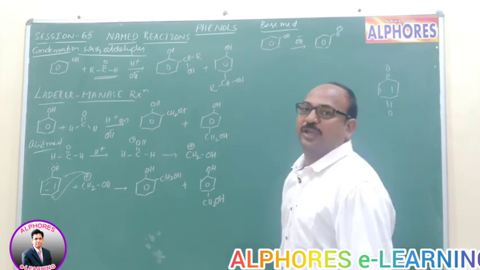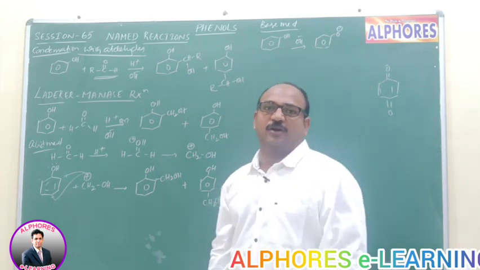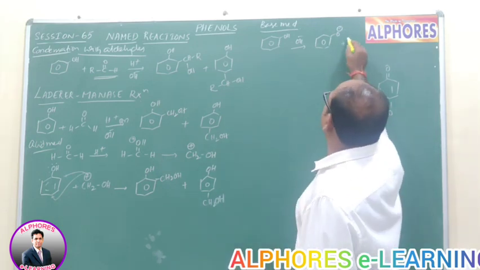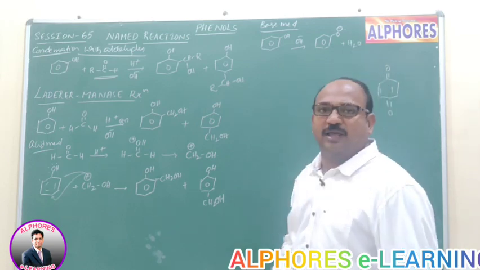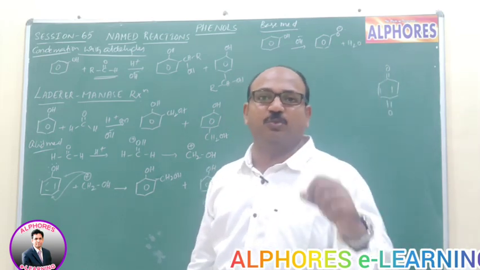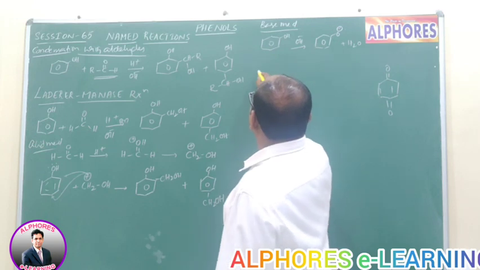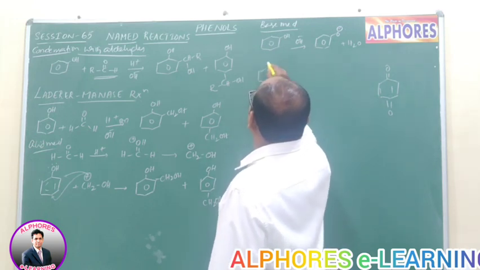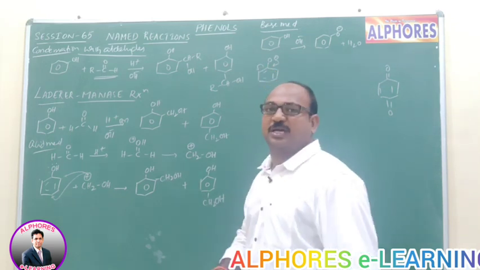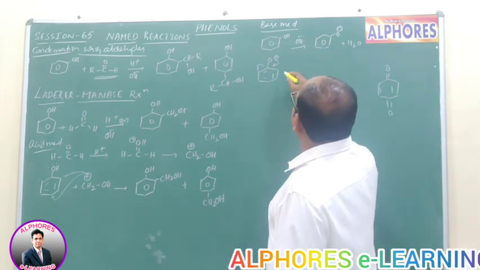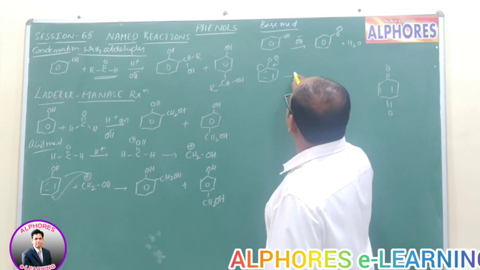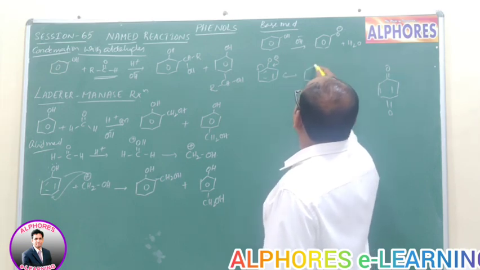Now, as we just learned, this phenoxide ion activates the ring much more. Hence, this phenoxide ion gives an electron pair to the ring, and it makes the ortho and para positions more electron rich.